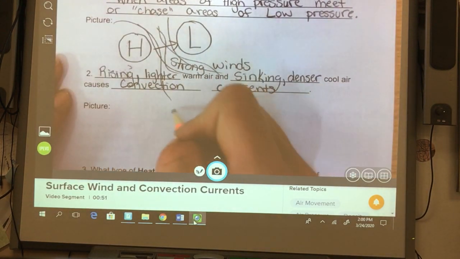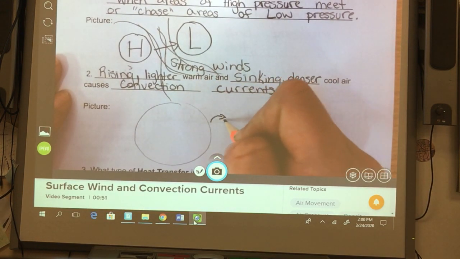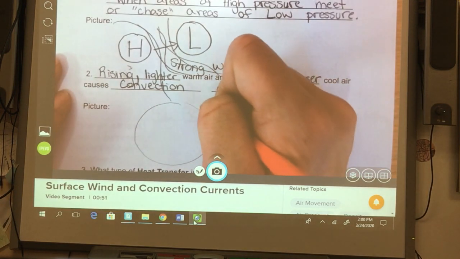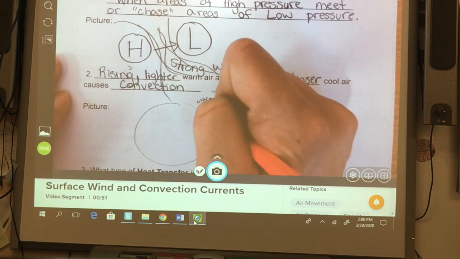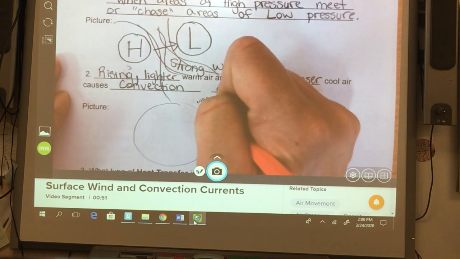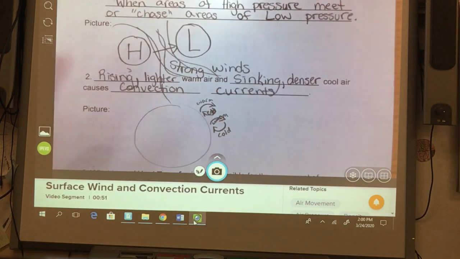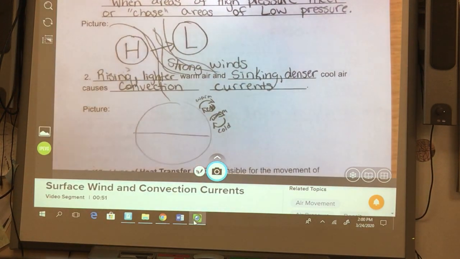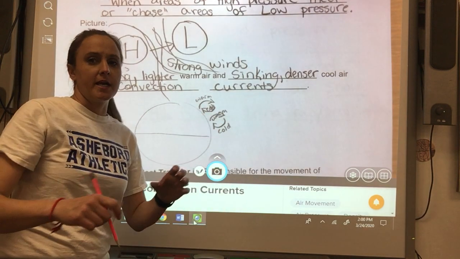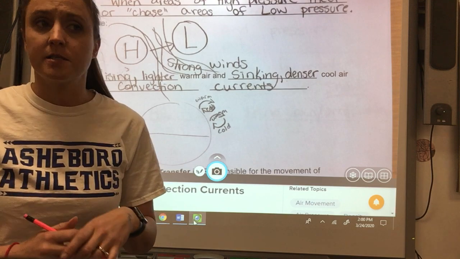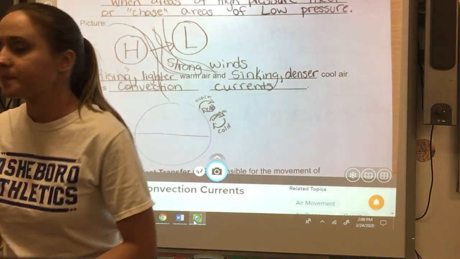Now for your picture, you can put the earth, warm air rises, cool air sinks. Warm and cold, warm air rises, cold air sinks. That warm air rising and that cold air sinking creates these pockets of convection currents. And that's where we also get our global wind belts from, which is what we'll go over tomorrow.